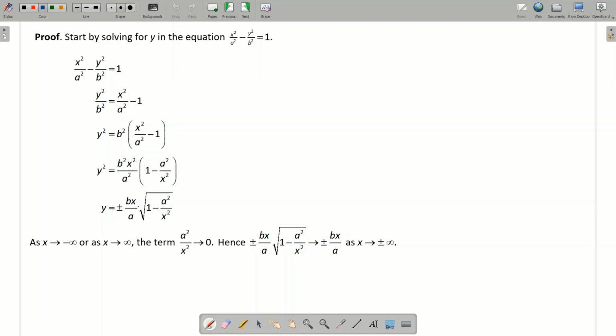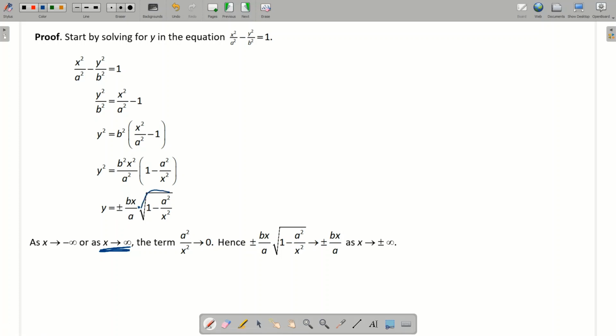Okay, so we want to analyze this. And what we want to do is think about what happens if you plug in a really big number to this. For example, let's say you plug in 1 million. Well, that's going to be a big number. That 1 million has a big impact on the overall value from this expression.